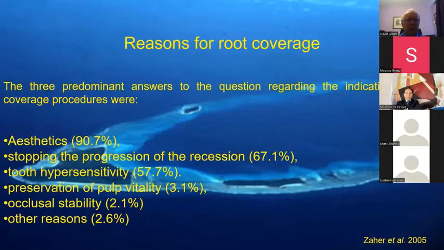These were clinicians who were given a questionnaire and asked what the main problems were, and aesthetics came up, stopping the progression of recession. And I addressed this a little bit where I said that we need to measure tooth sensitivity, preservation of the pulp. So maybe the first three are key: aesthetics, stopping the recession, and tooth sensitivity. Next slide, please.